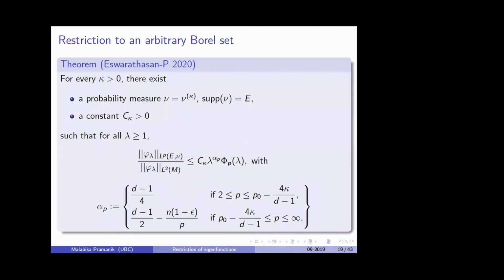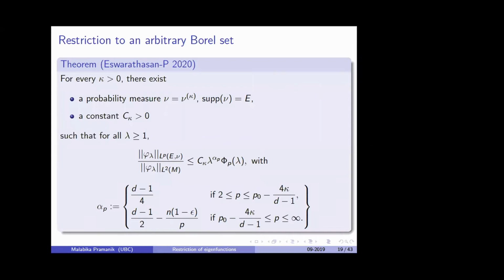Our first main result says that any arbitrary Borel set, capital E, in a manifold will yield a family of eigenfunction restriction estimates that is almost optimal relative to its dimension.